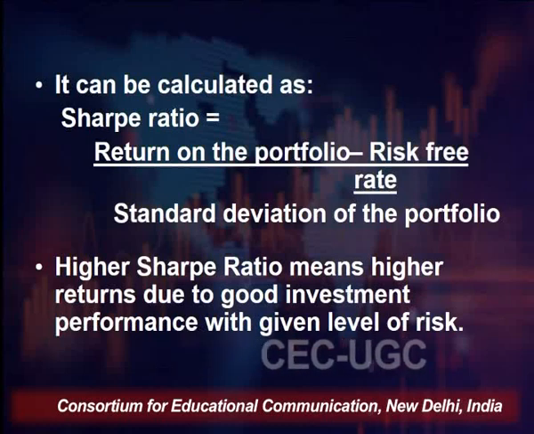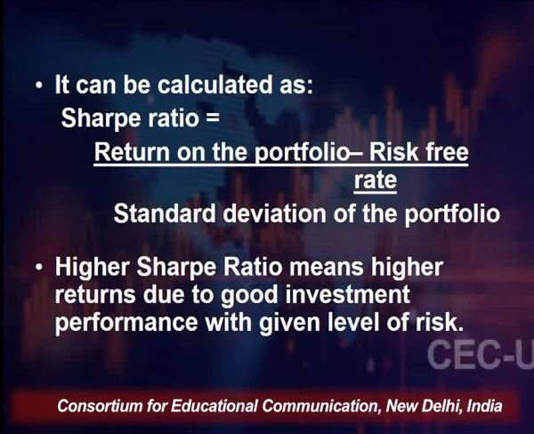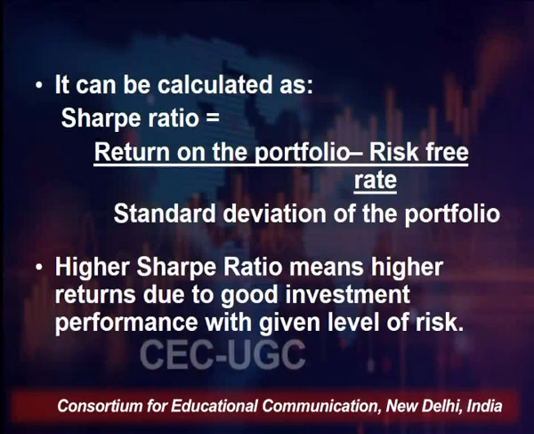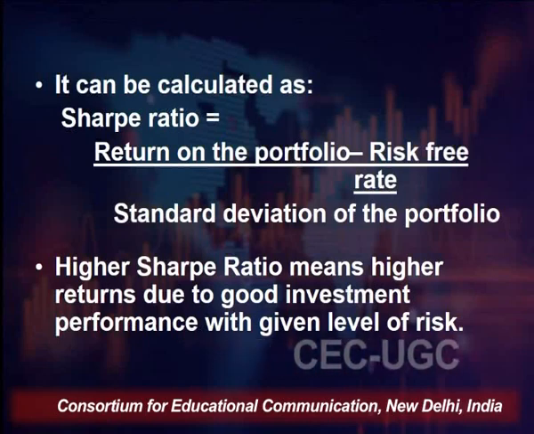So how do you calculate the Sharpe ratio? Return on the portfolio minus the risk-free rate, divided by the standard deviation of the portfolio. First, you calculate how much return the portfolio has given, minus the risk-free return. Risk-free return means the rate of interest on treasury securities.